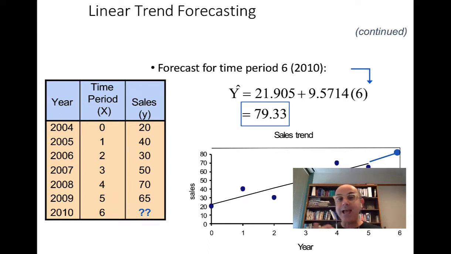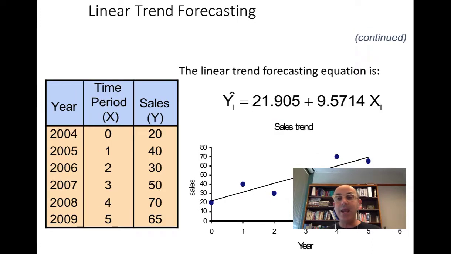And so in this case, the forecast for period 6 will be the 21 plus the 9.9, multiplied by 6, which will give us 97.33. So this is the multiplication, and by the idea of forecasting, this is the equation.